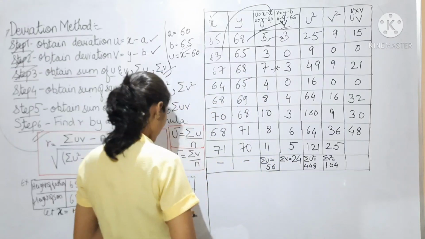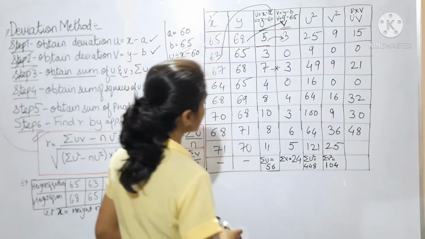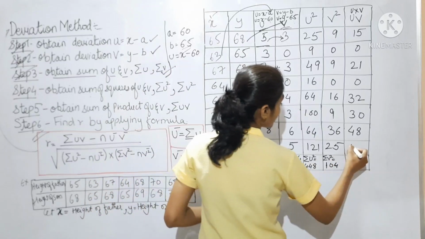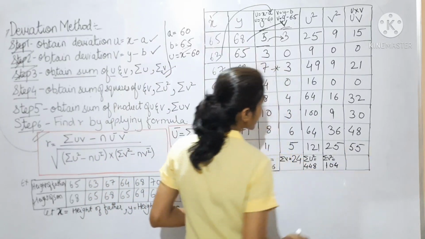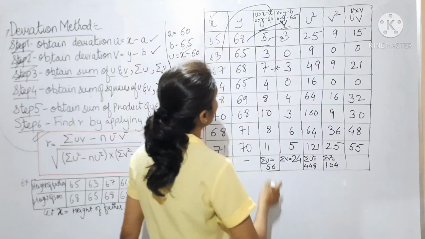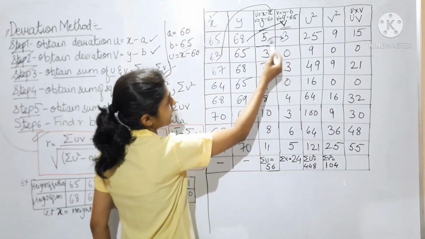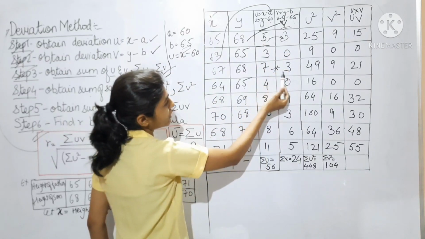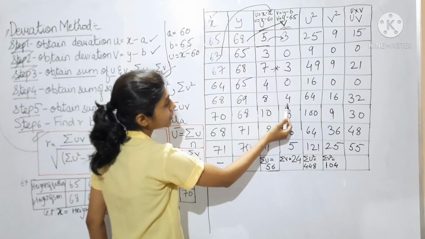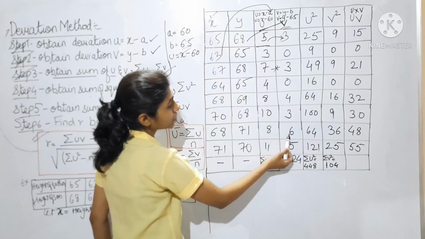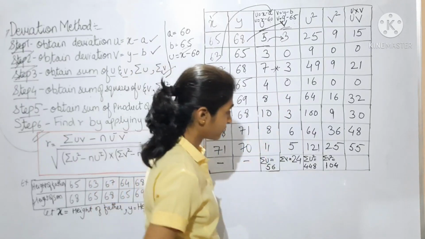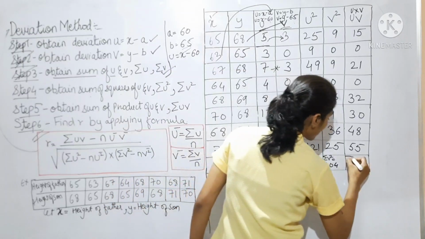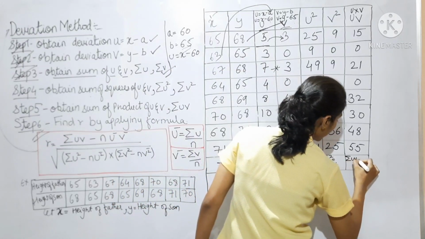Next is 11 into 5, 55. So uv I have got by multiplying u and v: 5 into 3, 3 into 0, 7 into 3, 4 into 0, 8 into 4, 10 into 3, 8 into 6, 11 into 5. Now do the total of uv.